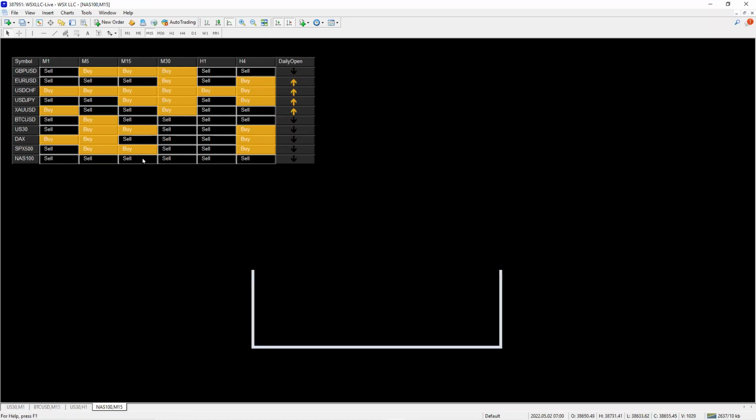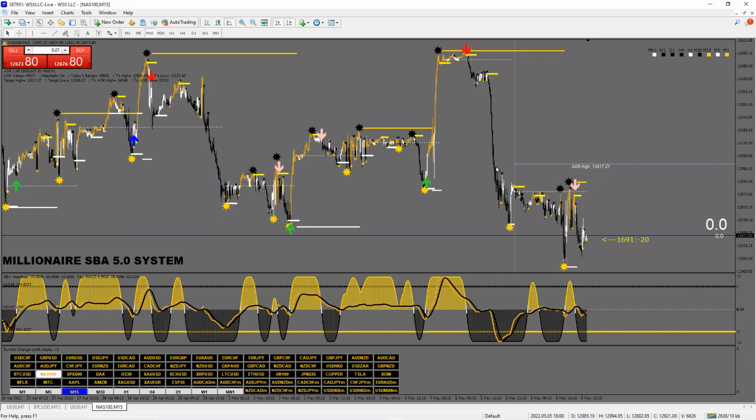I'm going to go to the 15-minute, and boom, there's my sell. All the way down, had a pullback, and now it's back into the sell. So if I'm taking a look at NAS 100 when it opens tomorrow afternoon around 5, I'm going to be looking to possibly get into some sells because it's just going to continue.